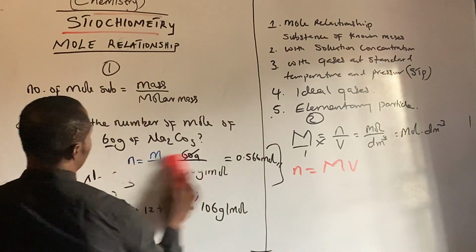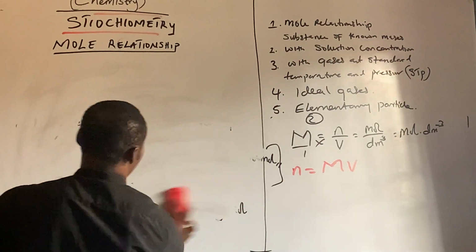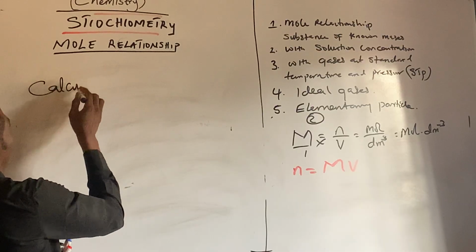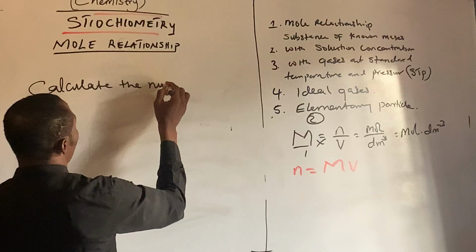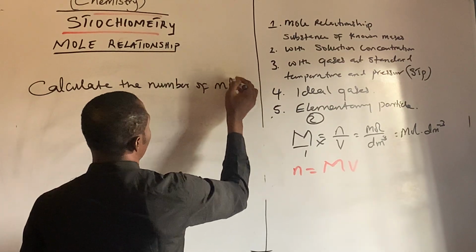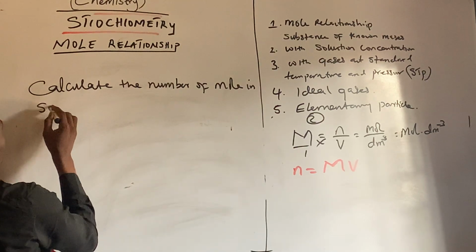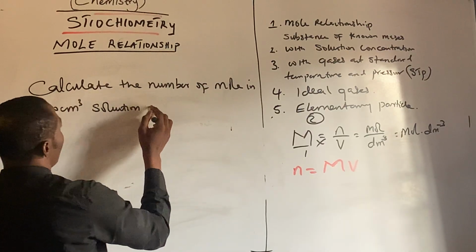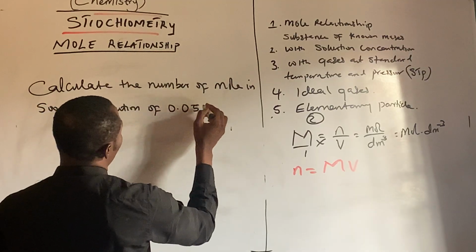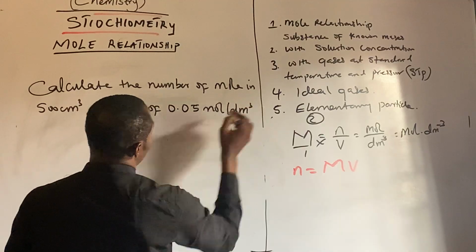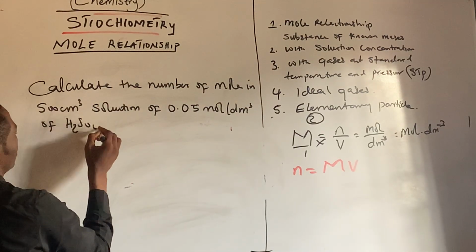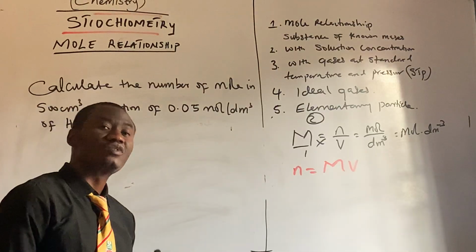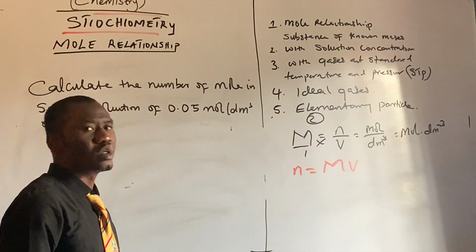Let's say we have a question: calculate the number of mole in 500 cm3 solution of 0.05 mole per dm3 of H2SO4.